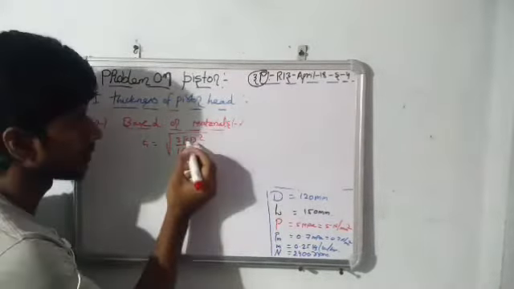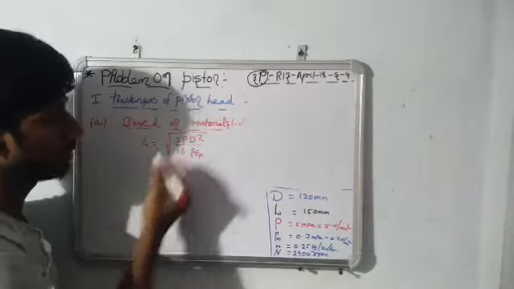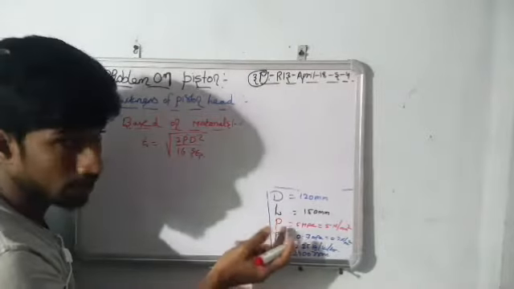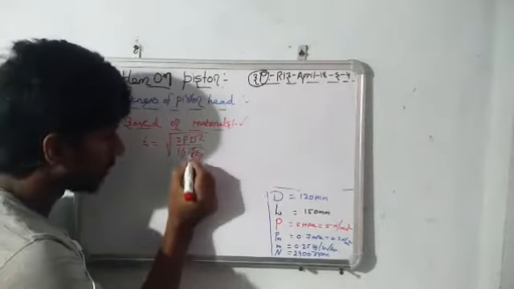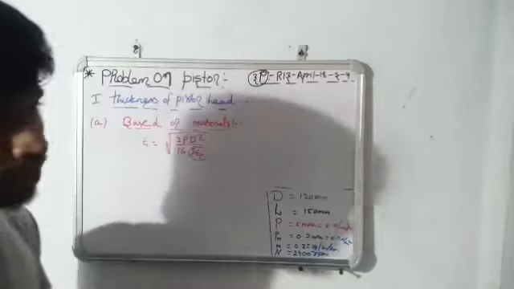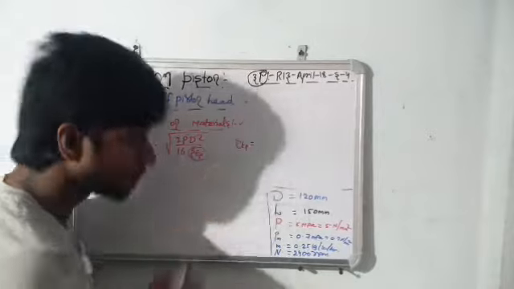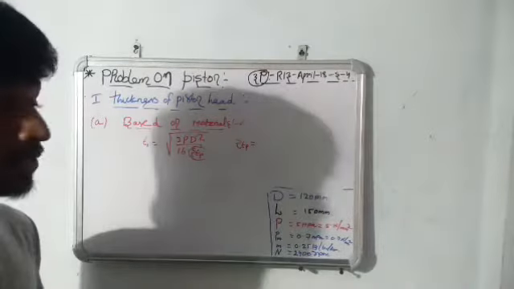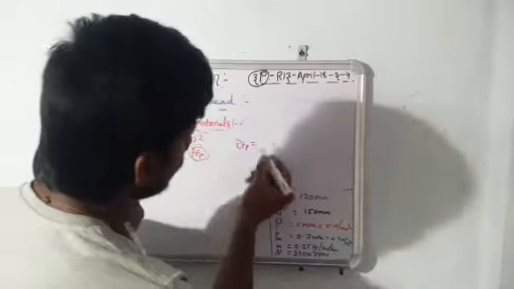Here D is the diameter of the bore or cylinder diameter, and P is the maximum pressure, both provided in the given data. The next one, STP, we already discussed: it is the allowable tensile stress in the piston material.